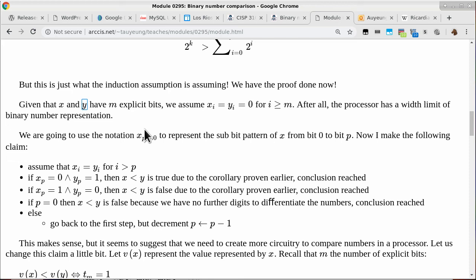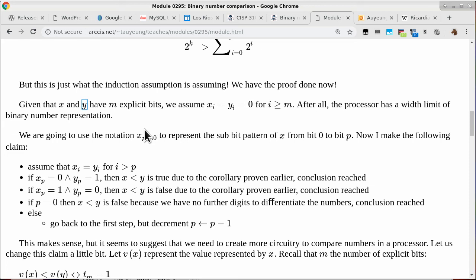The numbers only have m digits, which means the explicitly represented digits go from x0 to xm minus 1. So xm is actually out of the range. So anything that's out of this range can be assumed 0. We're talking about unsigned representation here. Are we doing okay so far?